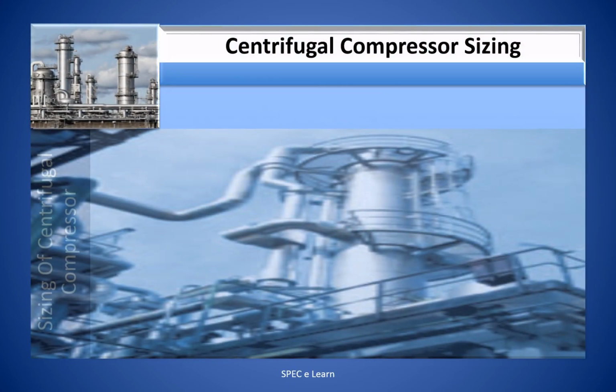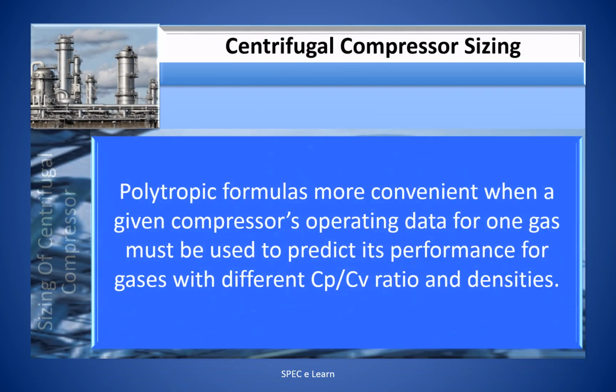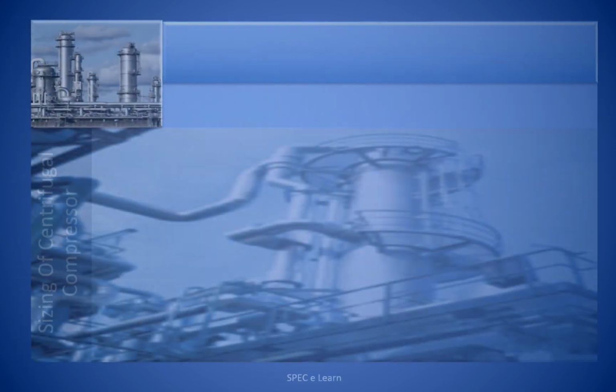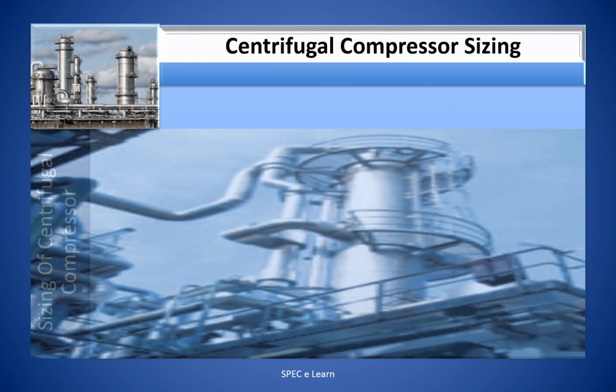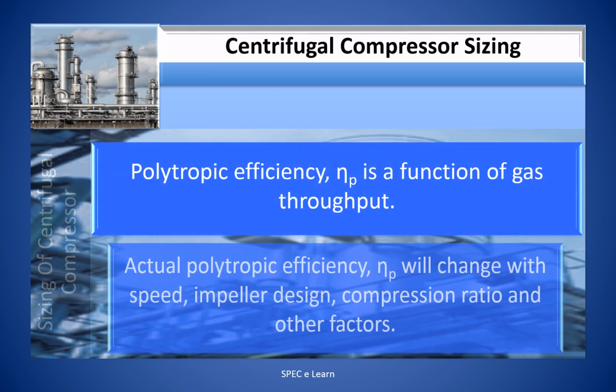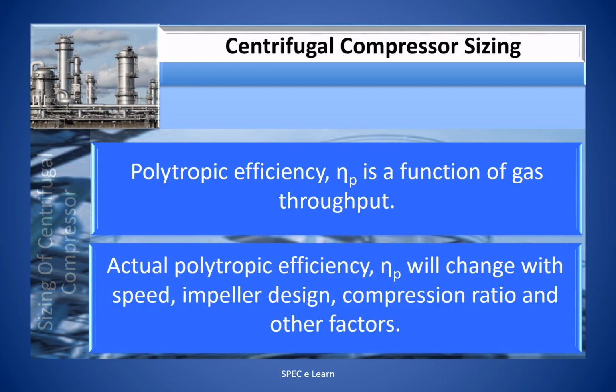Polytropic formulas are convenient when a given compressor's operating data for one gas must be used to predict its performance for gases with different Cp-Cv ratio and densities. Polytropic efficiency is a function of the gas throughput. Actual polytropic efficiency will change with speed, impeller design, compressor ratio, and other factors.